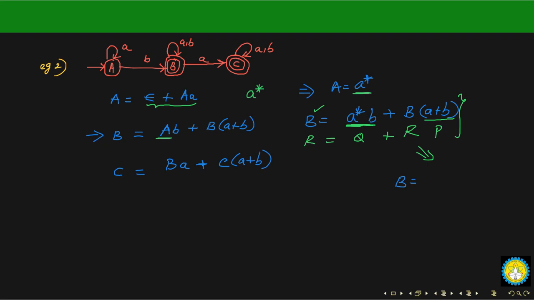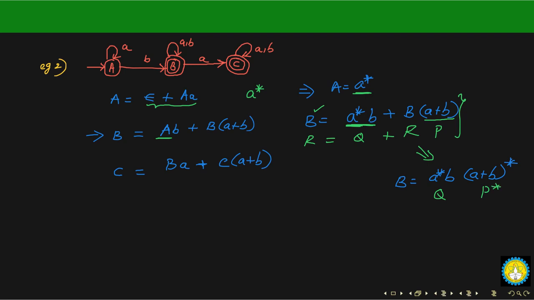Q is nothing but A star B, and P is A plus B, so it is A star B into A plus B star.